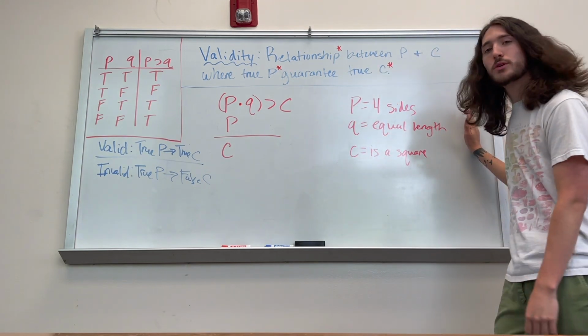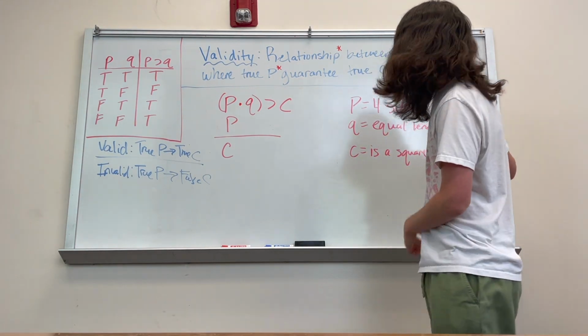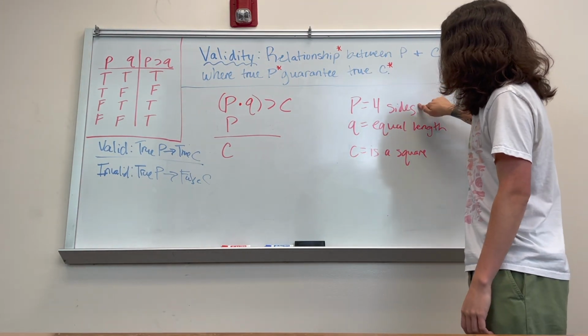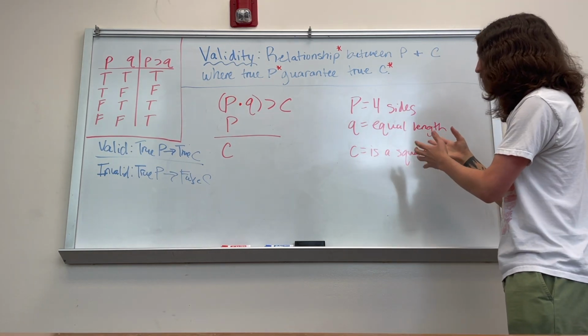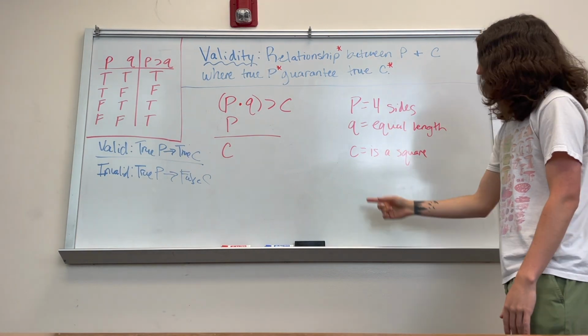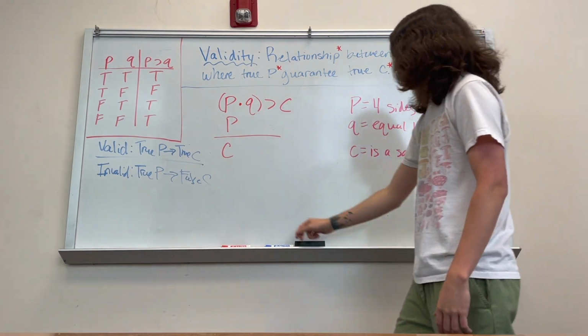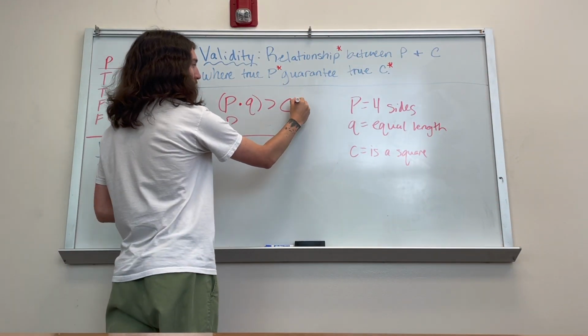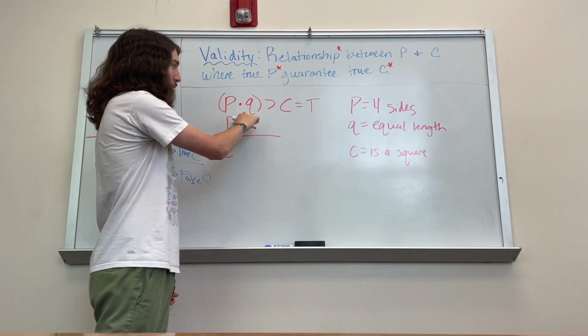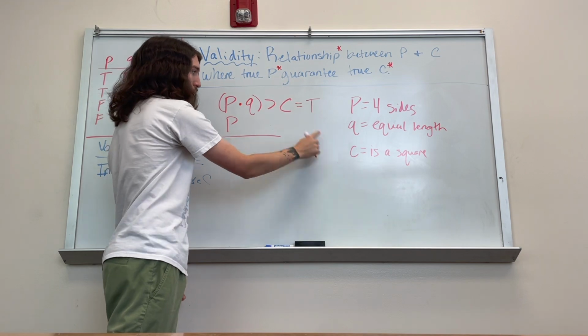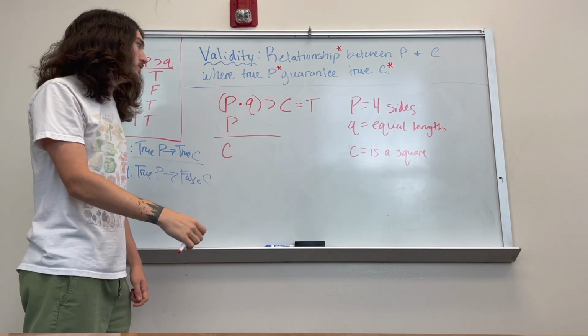Let's look at an English equivalent for an argument about a shape. Let's say P is the shape has 4 sides. Q is the shape's 4 sides are equal in length. And let's say C is a square. So we know this sentence is definitionally true. The shape has 4 sides and they're equal in length, and that shape is a square, right? True.